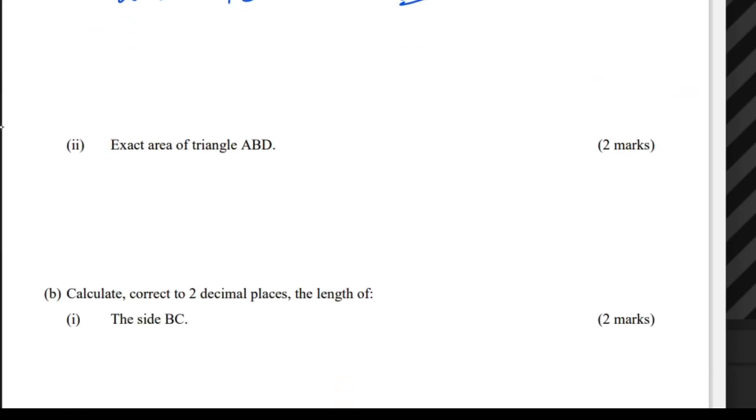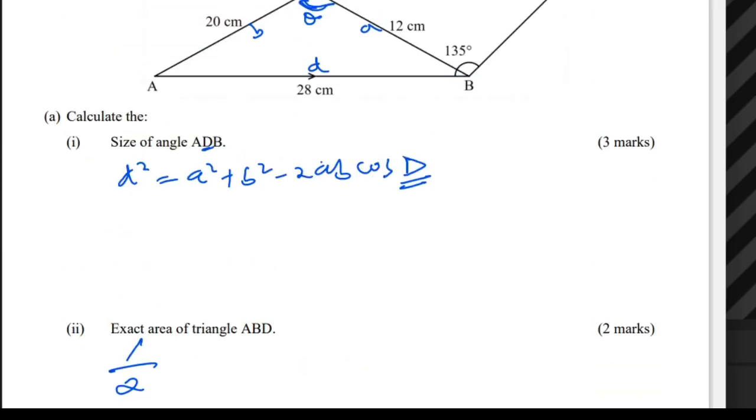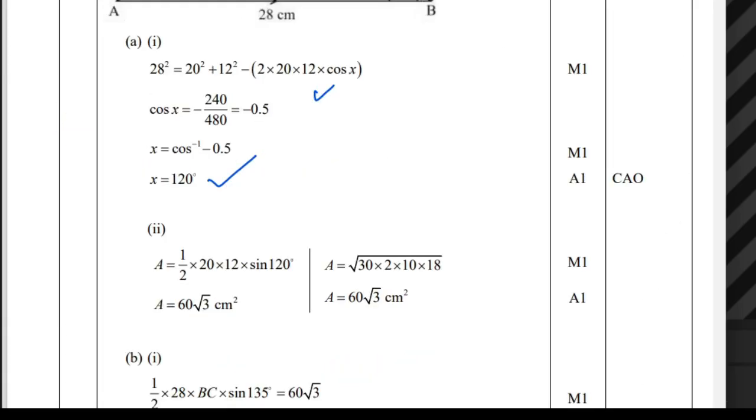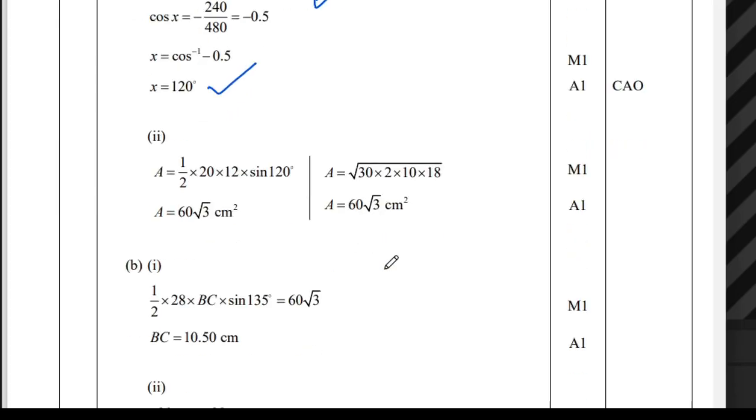You simply write a half times b times a sine D, and you are done. That one will give you the area of that, and you can see that is the simplest way. Or you can use Hero's formula and get that.